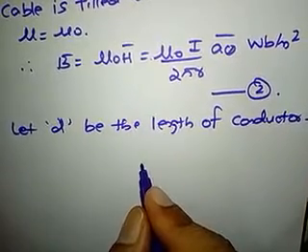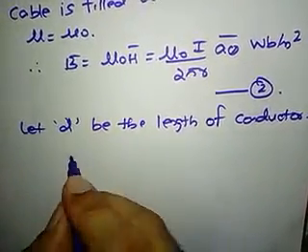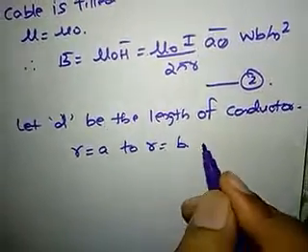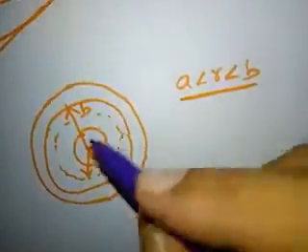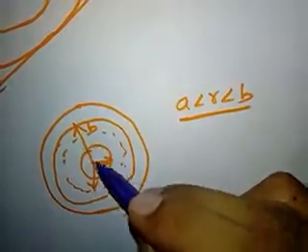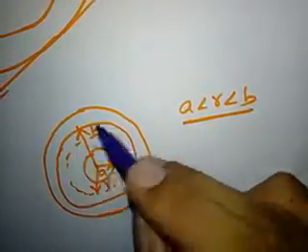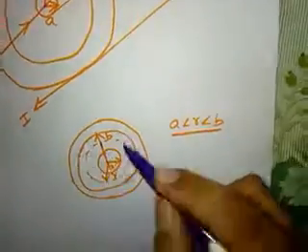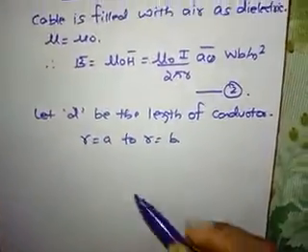So the flux exists in between r equal to a to r equal to b. This is a, this is b. In between these two there is a flux, so we are finding out this flux between a to b.